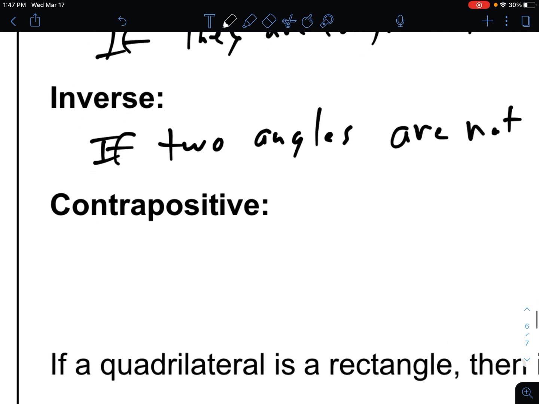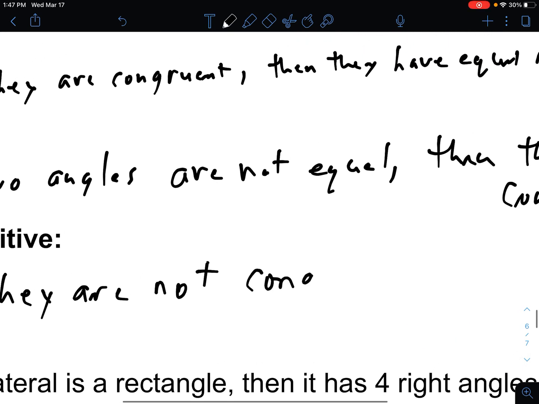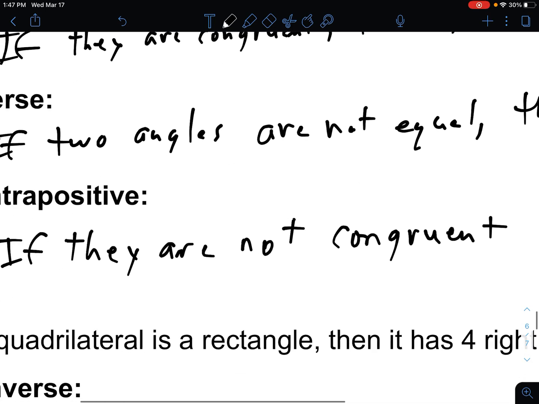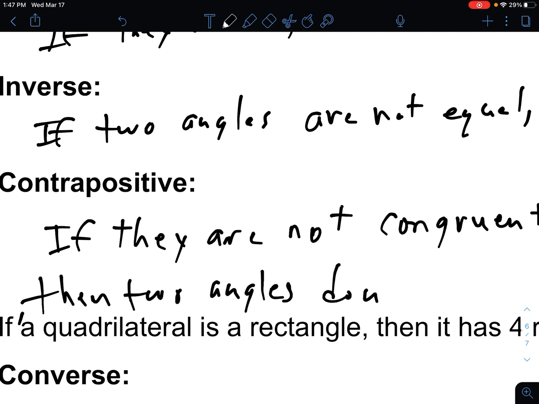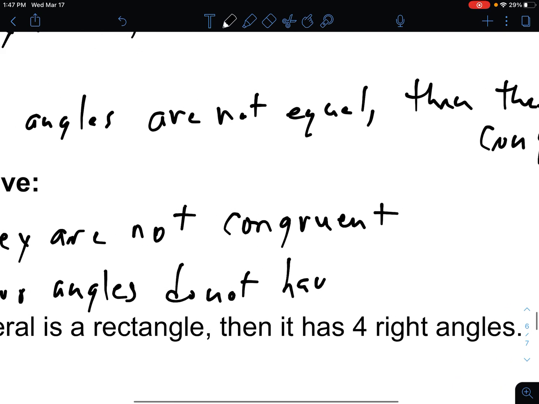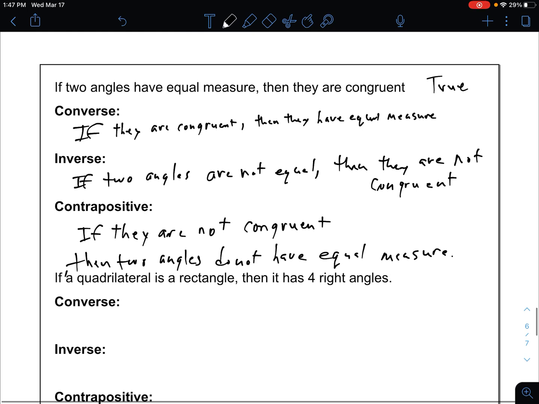Contrapositive: negate the end, and then put that first. If they are not congruent, then two angles do not have equal measure. Okay? And then again, try this last one.